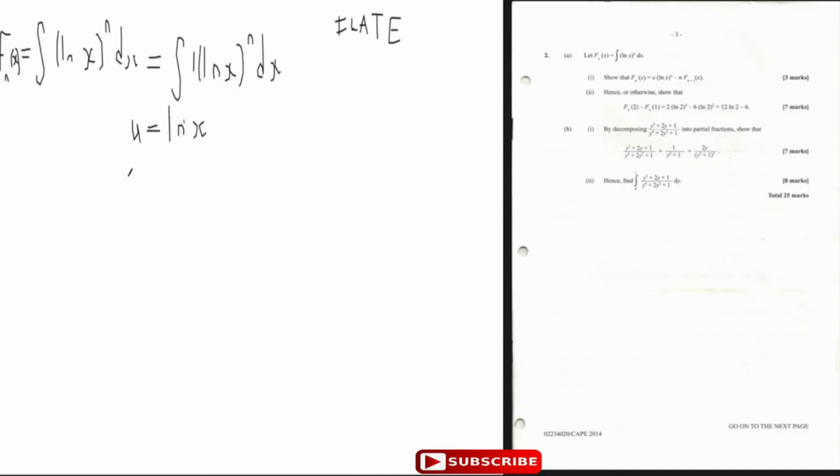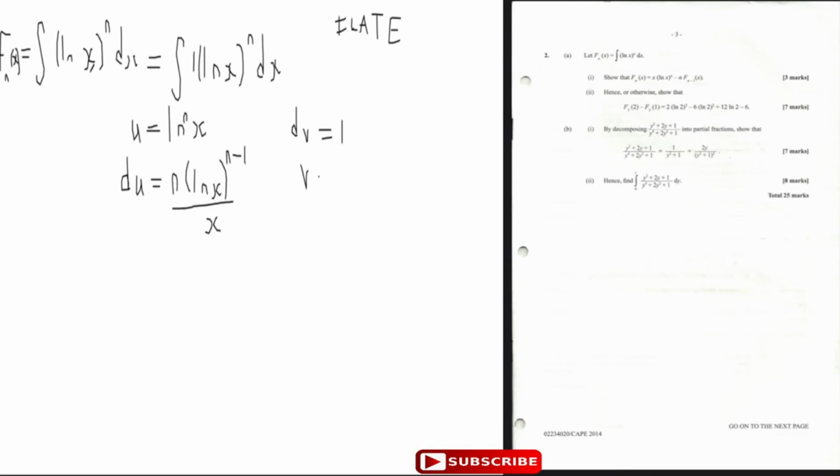And so du is going to be equal to, we carry down the power n, we subtract 1 from the power to get ln x to the n minus 1. Then we multiply it by the derivative of ln x, which is 1 over x. So it's really all of this over x. That's du. Then dv is equal to 1. And when we integrate 1, we get v is equal to x.